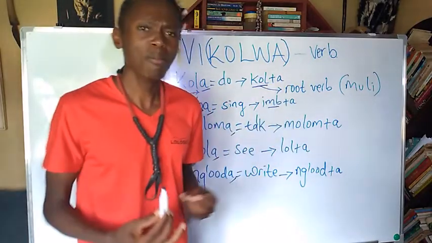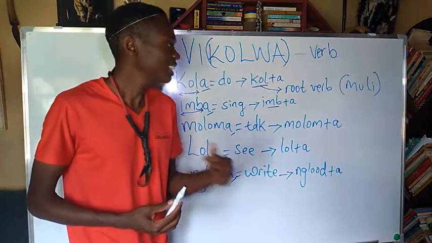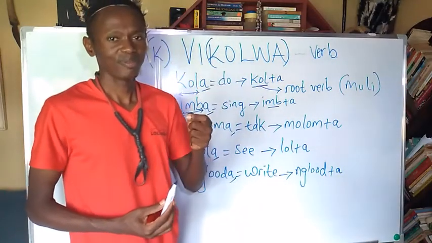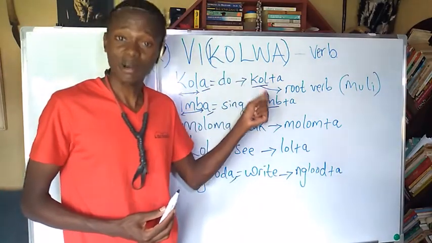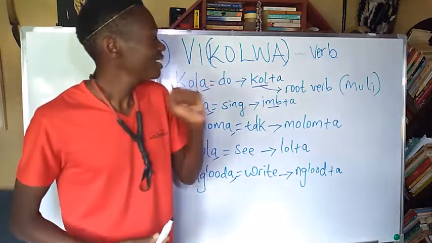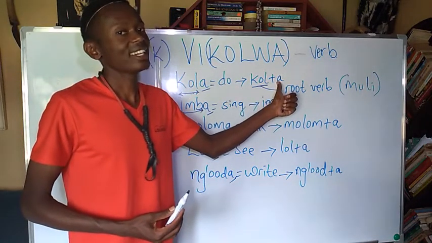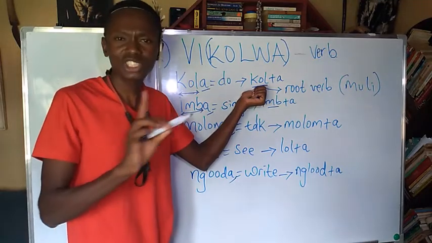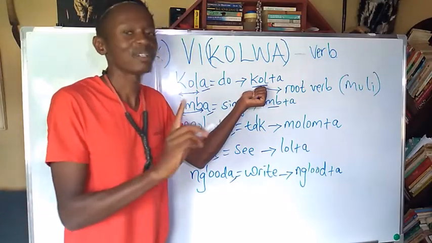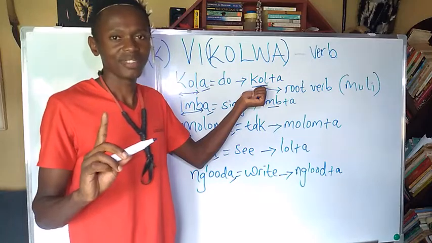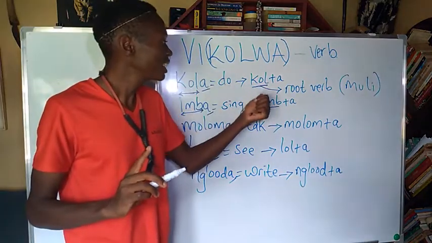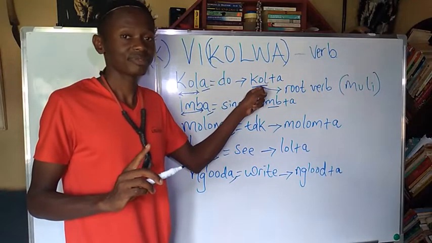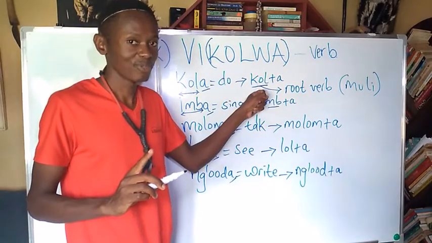What are we saying about the root part? It is that this is the indivisible part of the verb, meaning the end can change, but the root part cannot change at any time, at any point, unless you are communicating a different meaning from the first meaning, kor, or from the first verb.